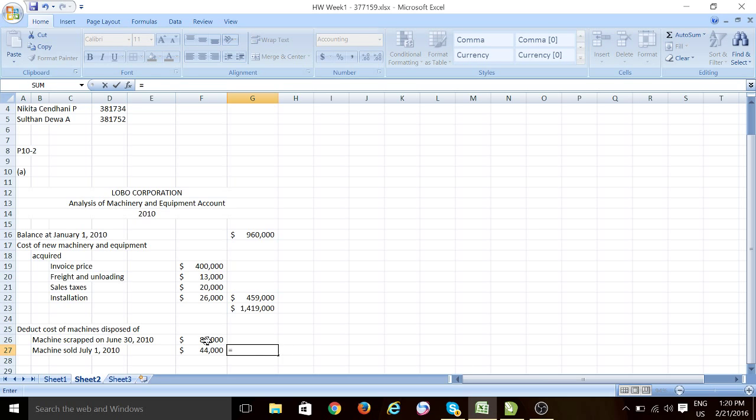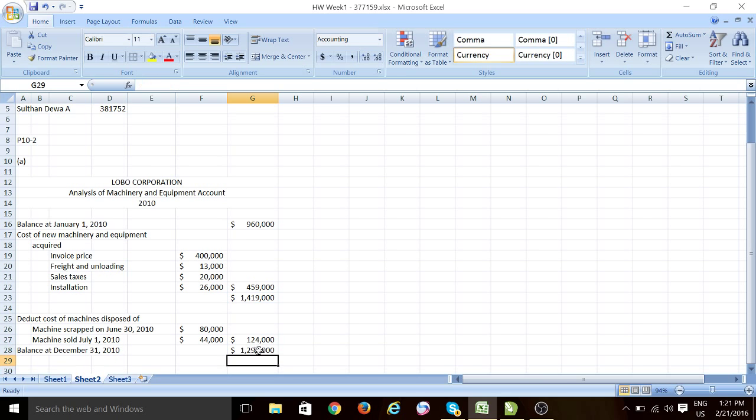And then we sum this up. We found the total deduction cost. Because there is no other transactions which affect this account, we are going to make the balance at December 31st, 2010, and then we are going to deduct this minus the deduction cost.